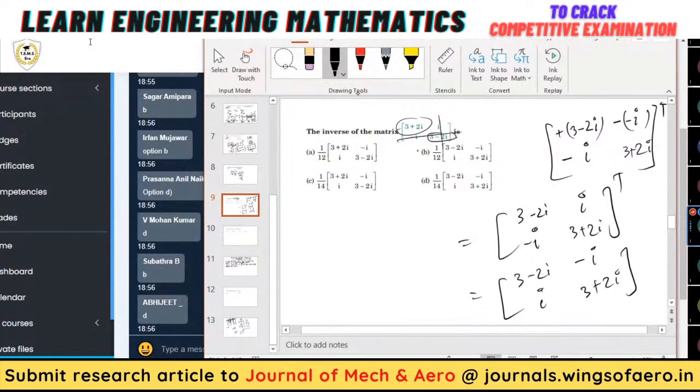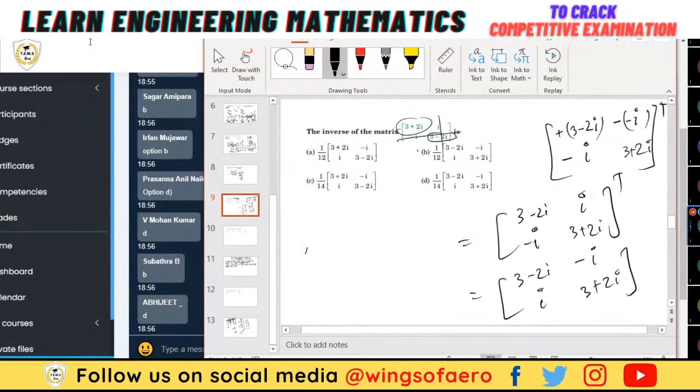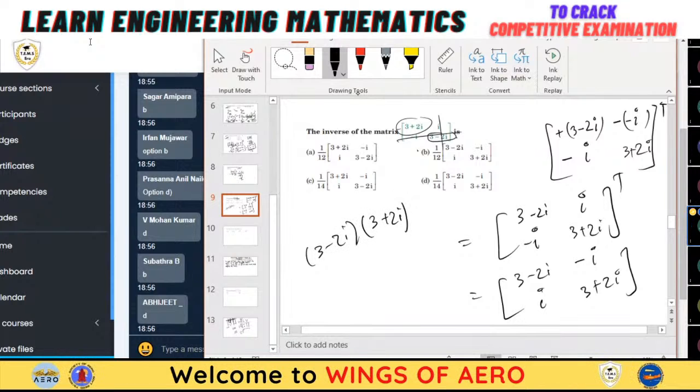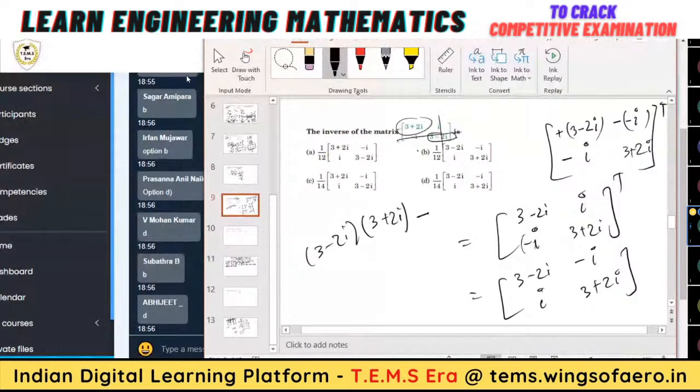And what is the determinant of this matrix? Determinant is nothing but (3 minus 2i) into (3 plus 2i) minus i square equal to minus 1. The minus sign is already there, so it becomes plus sign.